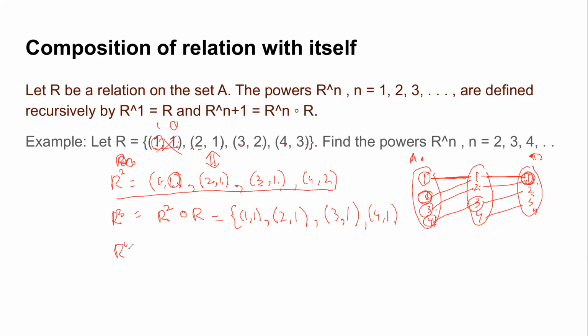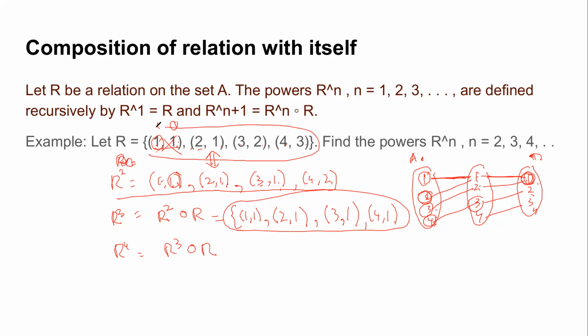Can you find out R4? R4 will be R cube composition R. So you have to take the composition of this with the original R. Yes, class, compute R4 and see what the possible ordered pairs are.